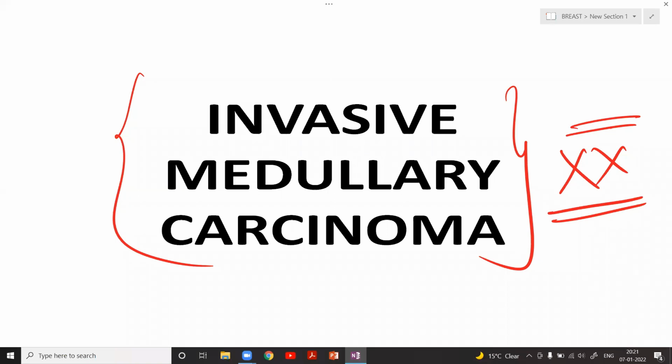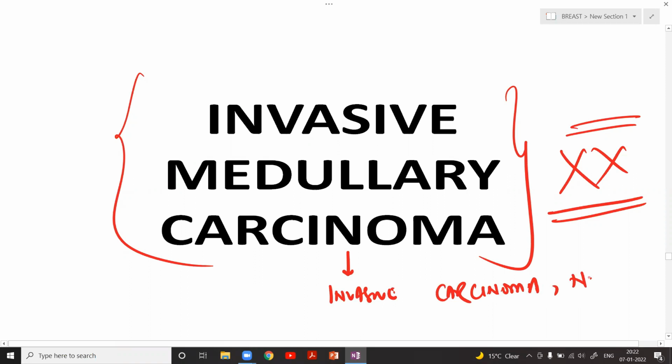Special types? No. When I was discussing the classification for the first time, I told you there is no provision in the latest edition of WHO for invasive medullary carcinoma. So if you find features of medullary carcinoma, you just label it as invasive carcinoma NOS, because the prognosis is not any different from invasive carcinoma NOS or IDC NOS.